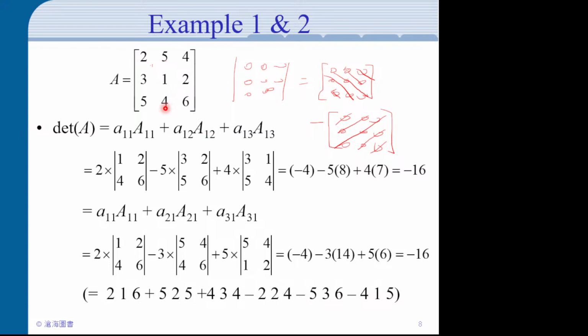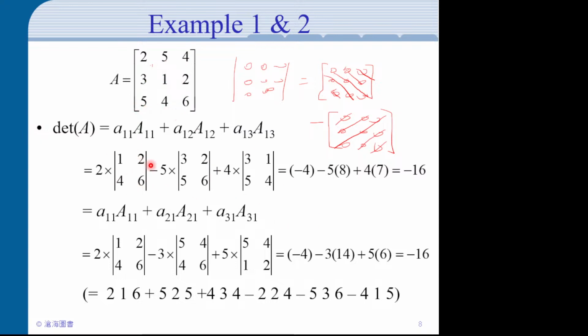Yeah, a bigger example. So the determinant of a 3x3 matrix, then we need to reduce to 2x2. So we have A11 and its cofactor, which is the determinant of this 1, 2, 4, 6 matrix. And then it's 5, and then we have a -1, and then we have the determinant of this 3, 5, 2, 6, and then 4, and now it's +1, and the determinant of this 3, 1, 4, 5.